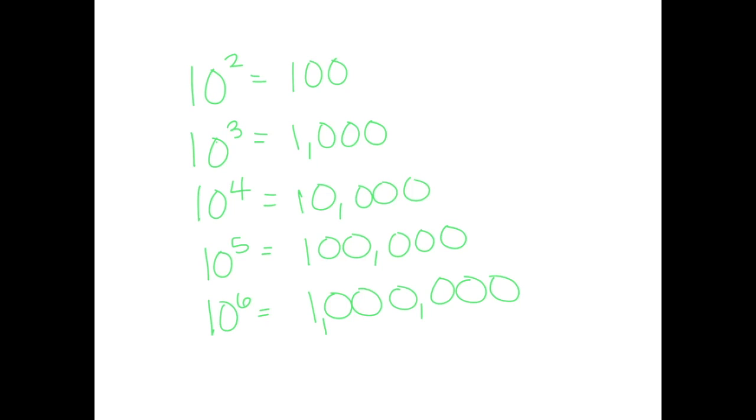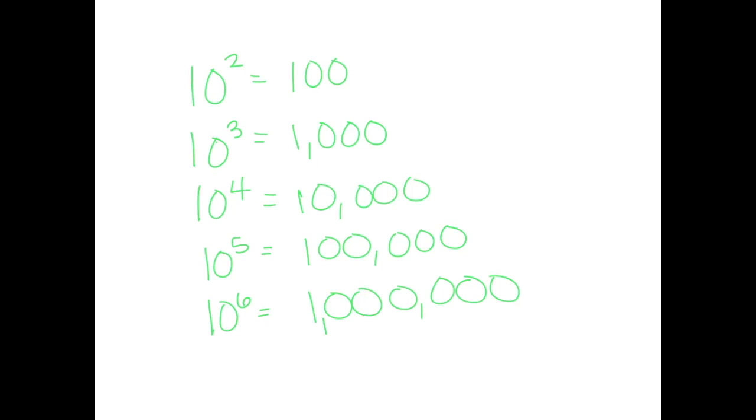So 10 to the second power is equal to 100, 10 to the third is equal to 1,000, 10 to the fourth is equal to 10,000, 10 to the fifth is equal to 100,000, and 10 to the sixth is equal to 1 million. I'm sure you notice what's going on as these numbers advance down, but I want you to look really closely at the relationship between the exponent and the number of zeros that exist in the number.